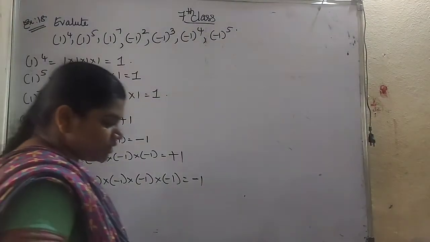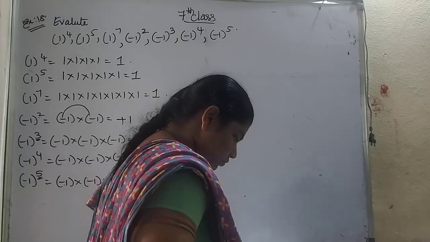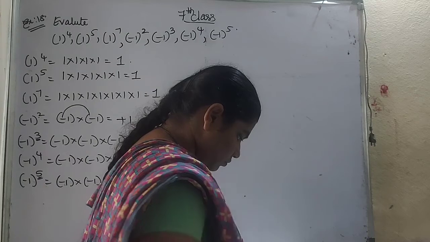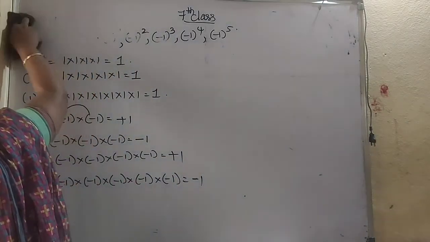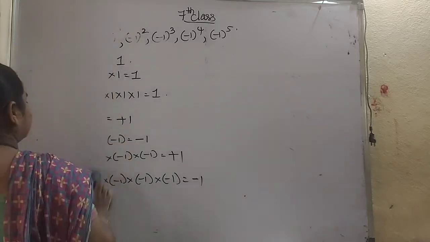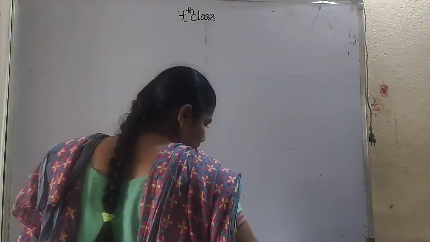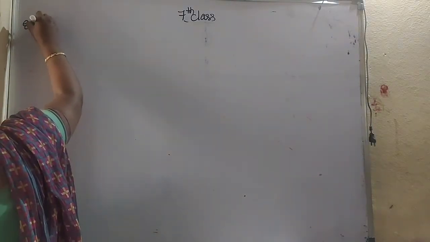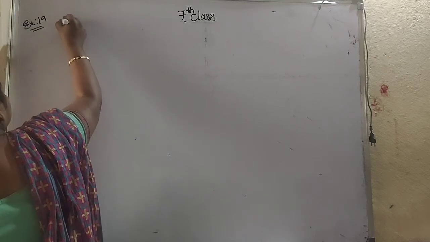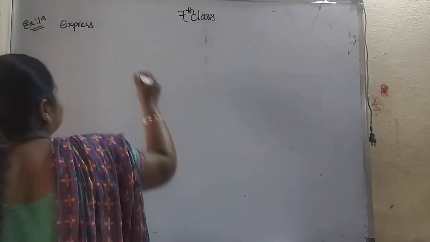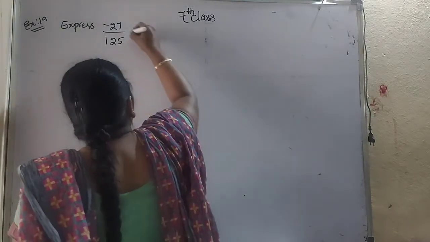So next is example number 19. Express minus 27 by 125 in exponential form.